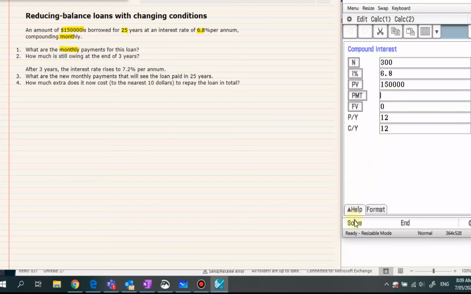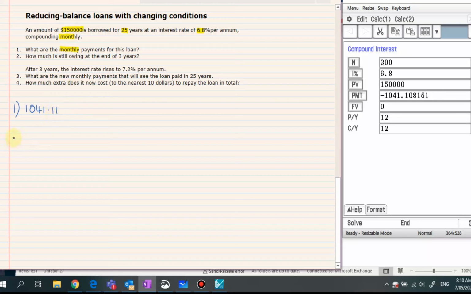Okay, so we solve for the payments and we get that value. Number one, we have $1,041.11.